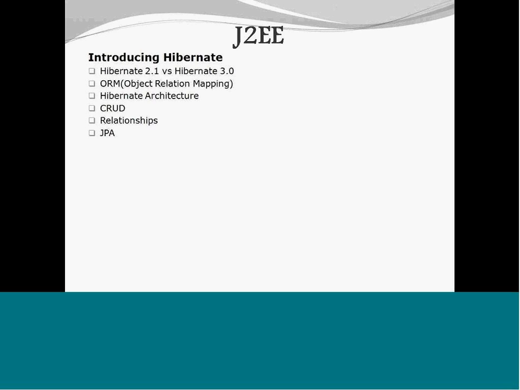In the introductory parts we will cover the version comparison, what Hibernate is all about, what object relational mapping is, the design process behind Hibernate, and the Hibernate architecture and how it works.